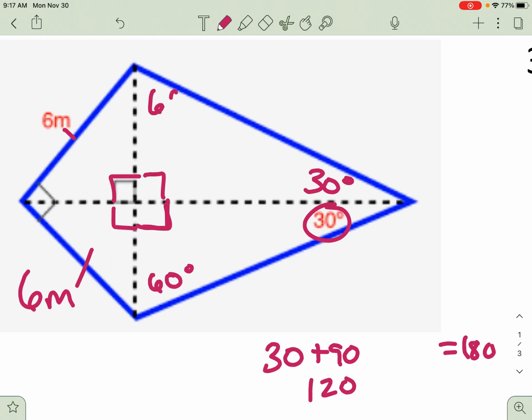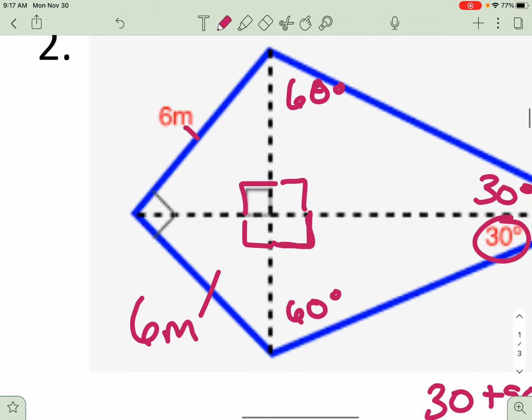That means that's got to be 60 degrees. So I have a 30, 60, 90, 30, 60, 90. This is 90. Ooh, this says it's 90 degrees. So if it cuts it in half, that means this is now 45. Perfect. So this is a 45, 45, 90.